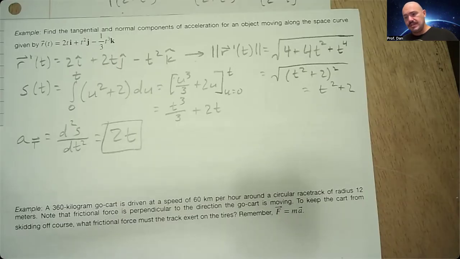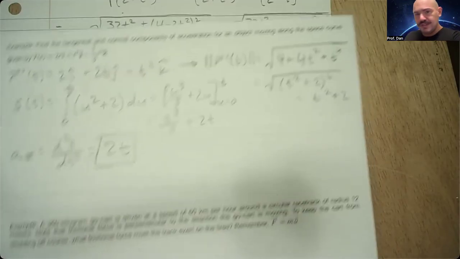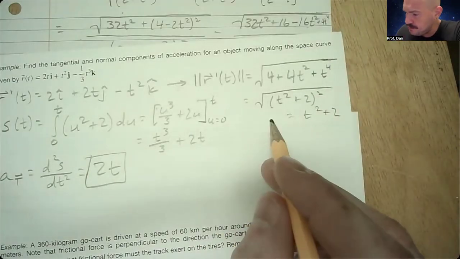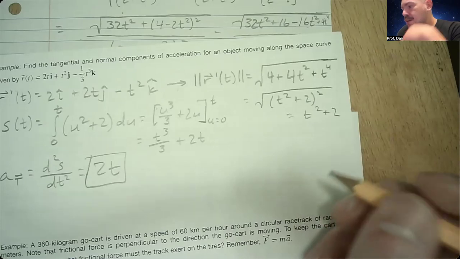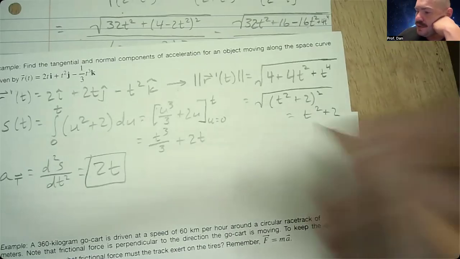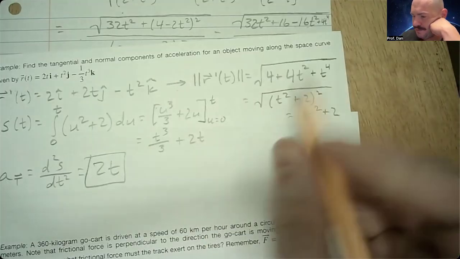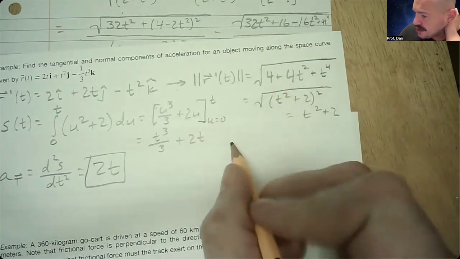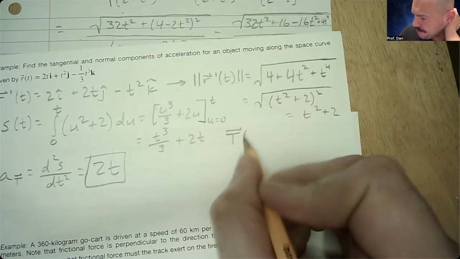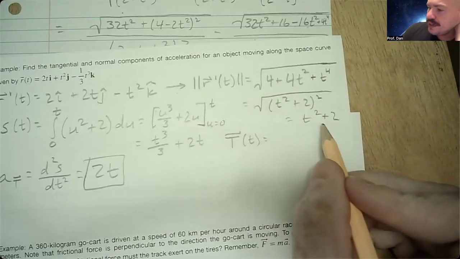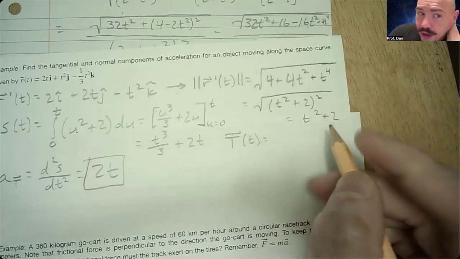Or we could go through that process where we take the magnitude of T prime divided by r prime, but I don't think anyone wants that heartbreak again. So if I want to find my unit tangent vector, remember that's just each component divided by the magnitude of r prime.